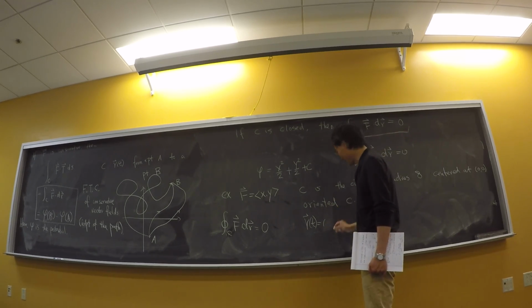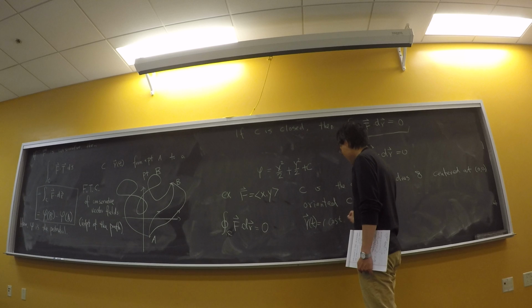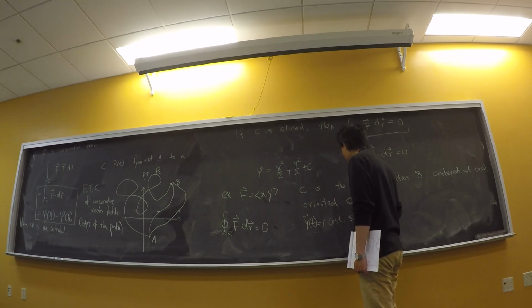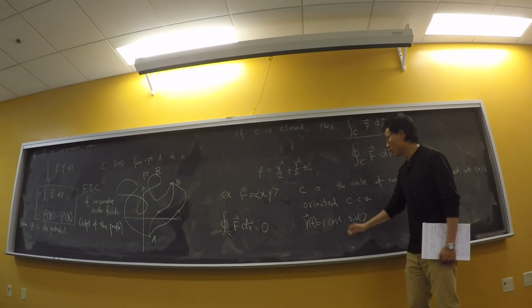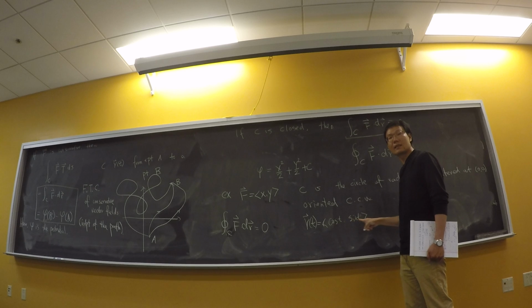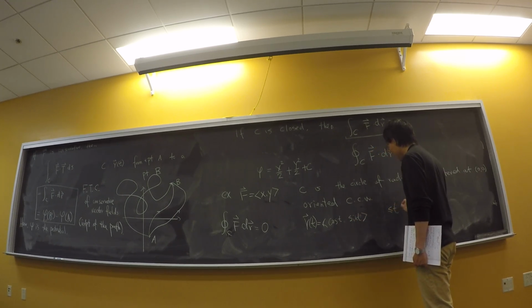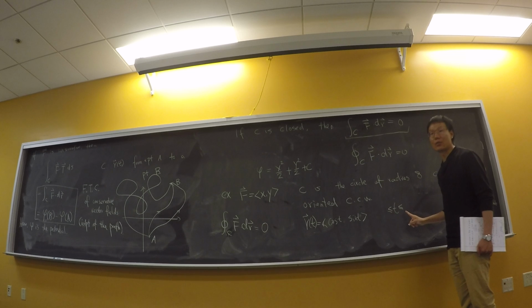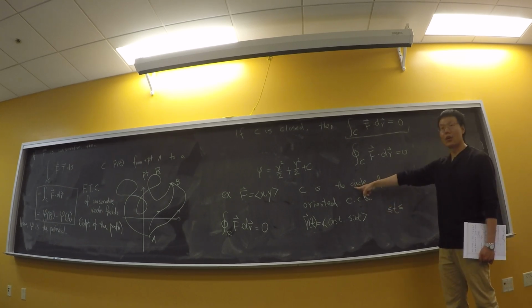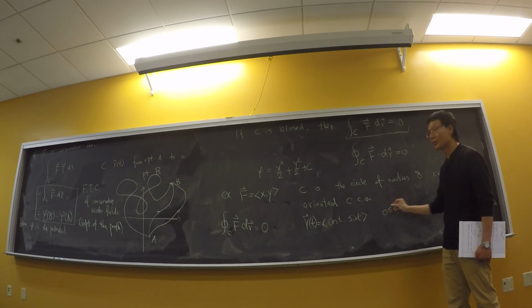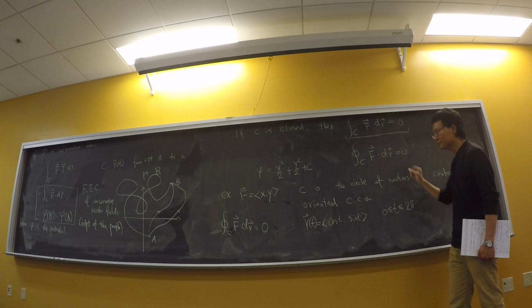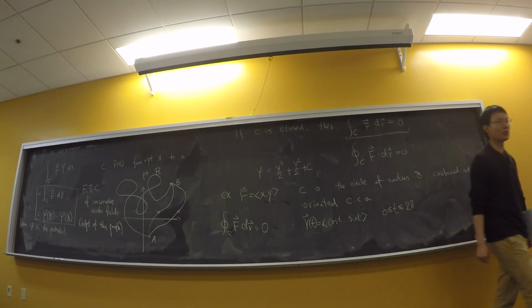So that is 8 cosine t and 8 sine t. And it is counterclockwise. You can check, this is indeed counterclockwise. And also, I want to have a restriction on my parameter t here. If it is a whole circle, I want to have 0 to 2 pi. Okay? I want to have 0 to 2 pi.